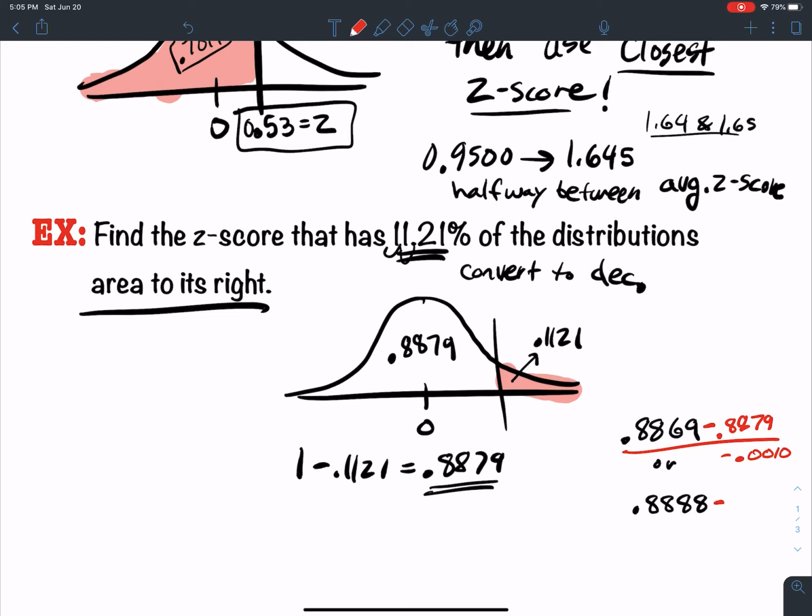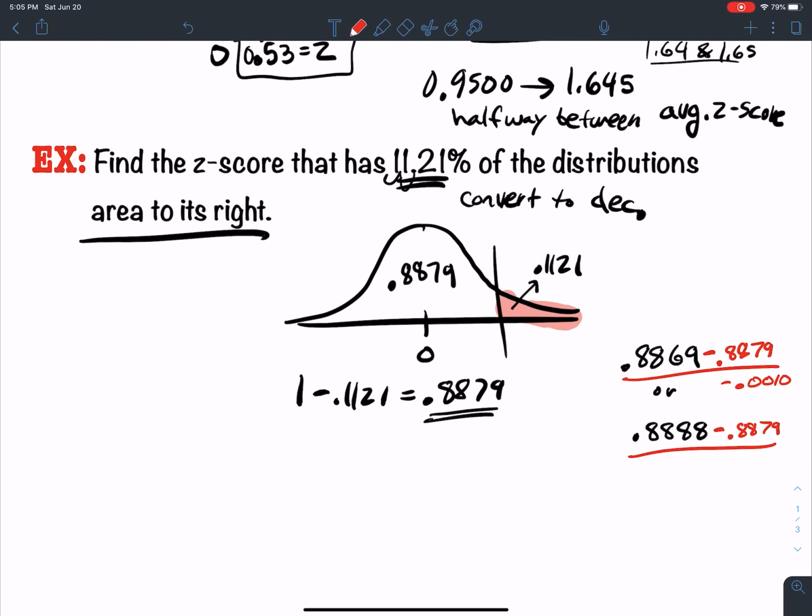And if I subtract off 0.8879 here, what do I get? Well, I would get 0.8888 minus 0.8879, which is 0.0009. Okay? So that is tiny. Both of those are small.